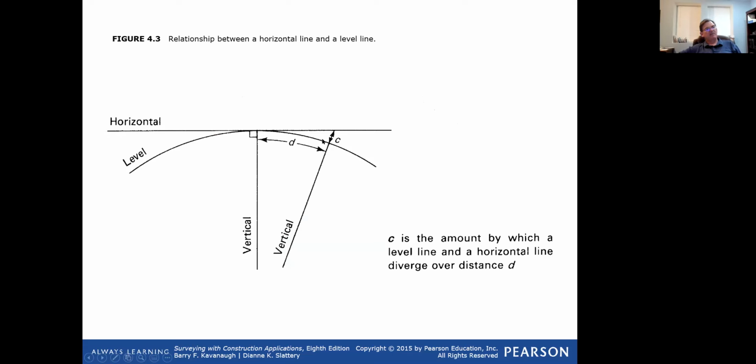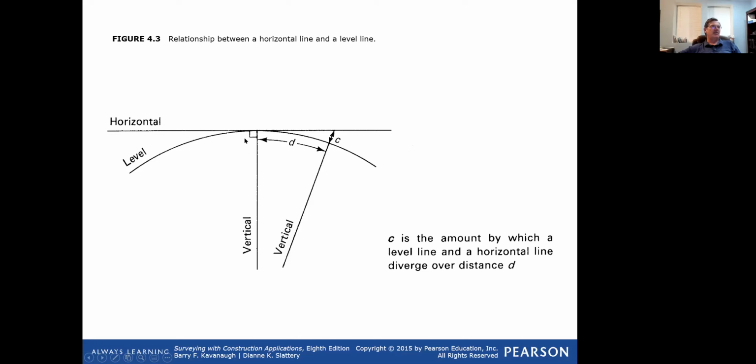Horizontally, we're like tangent to the earth. And so this amount right here is also what you'd be looking at for distances. The further away you are, the further this level line and horizontal line get apart.